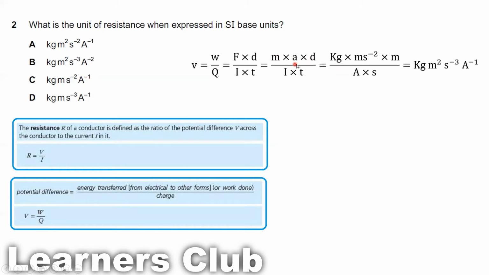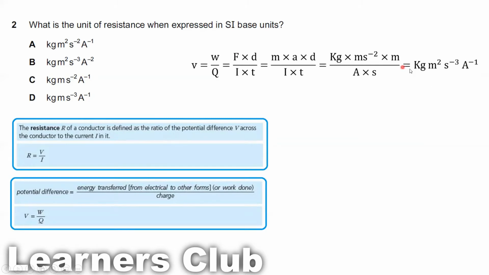The SI unit of acceleration is meter per second squared. For displacement, it's meter. The SI unit of current is ampere and the time is second. Now once we simplify, we get this as kg m² s⁻³ A⁻¹.